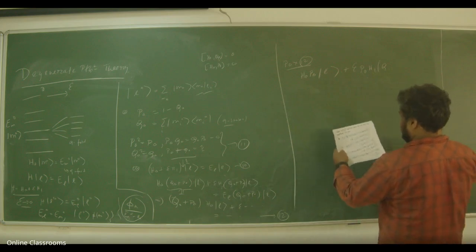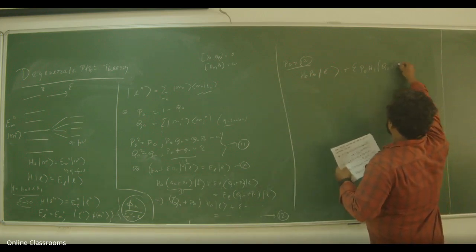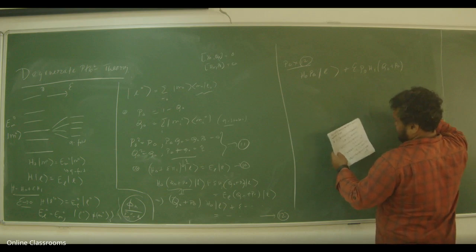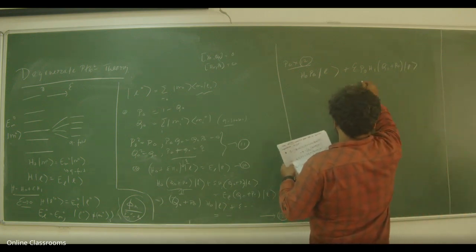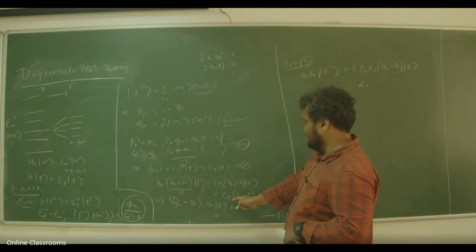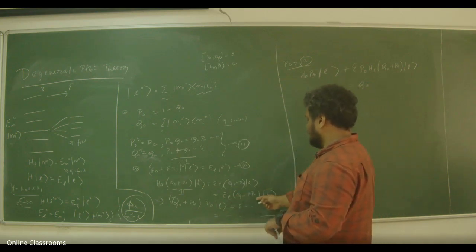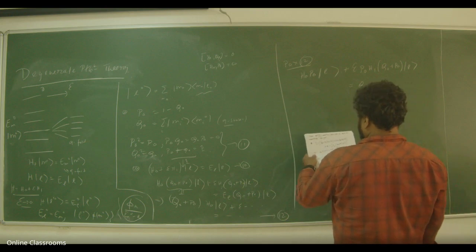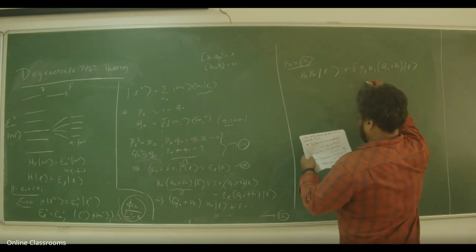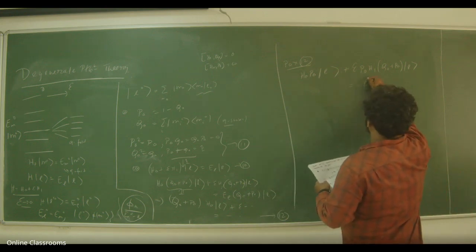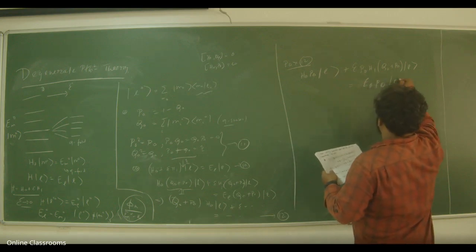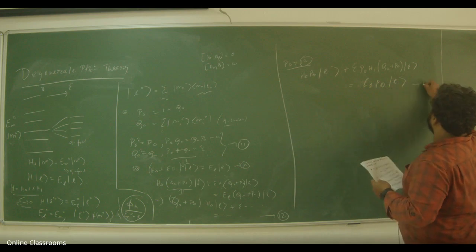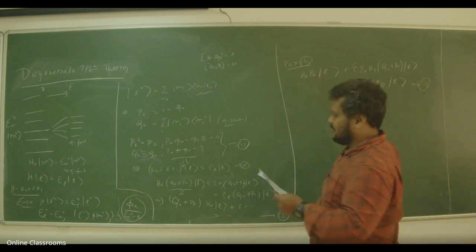So P naught H1 is Q naught P naught L. And here you will act Q naught on this side. Here the Q naught will act twice and give you, let me not write one step, just E L P naught L. Okay. So this is what you get by acting P naught on the left side.